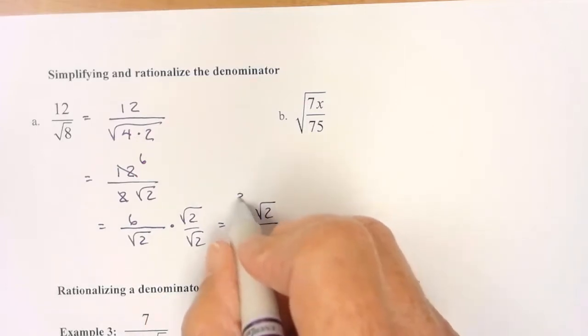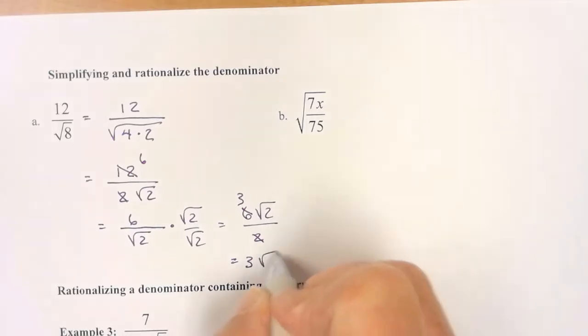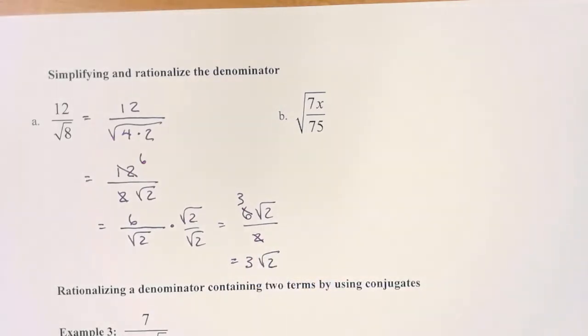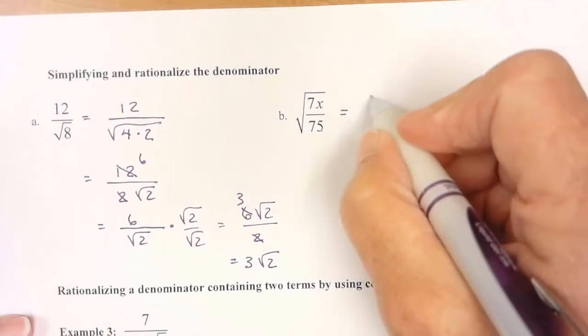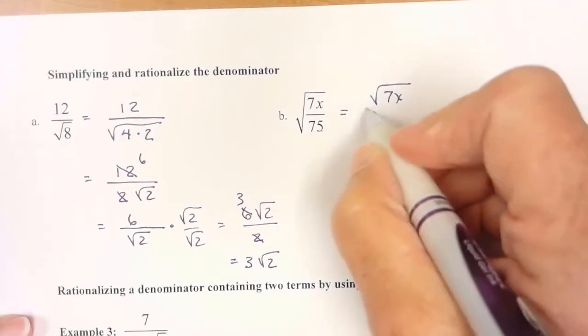And I can simplify again. There's a number of ways you can go about this, but you should eventually end up with the exact same thing. I'm going to simplify my denominator first.